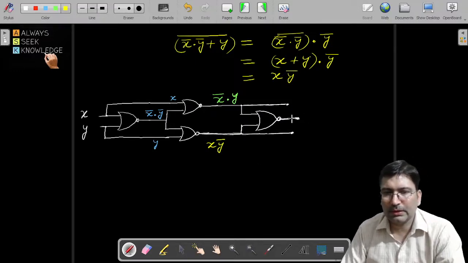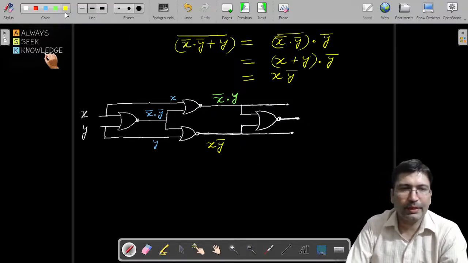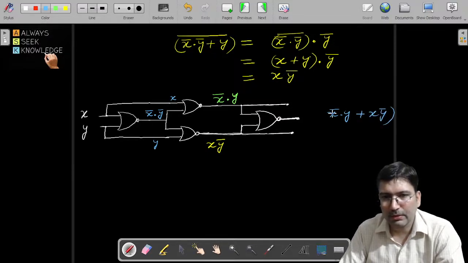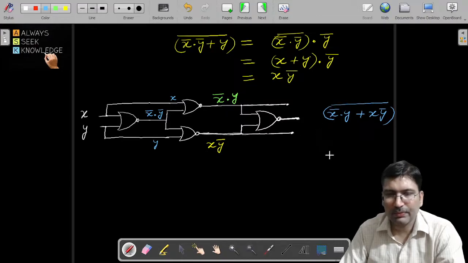Now what about the middle output which we will get here? So at this place, let's write it like this. Here we are getting two things as input. We are getting (X bar Y or X Y bar) whole bar, right?